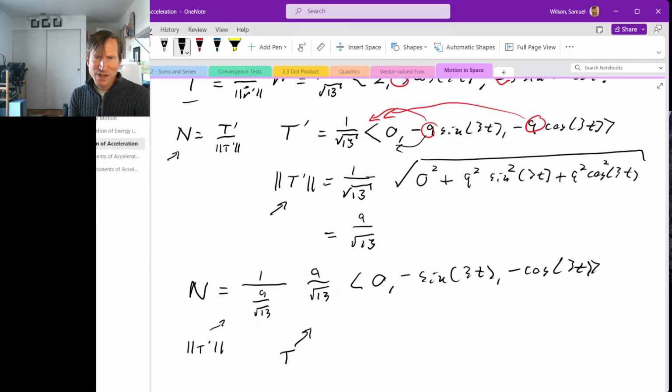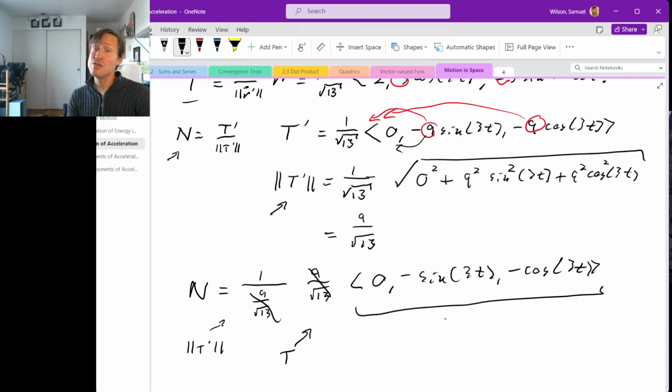And then when we simplify some stuff, notice that this actually cancels that. That doesn't always happen, but it did this time. So our unit normal vector is just this vector part here, 0, comma, minus sine 3t, comma, minus cosine 3t.